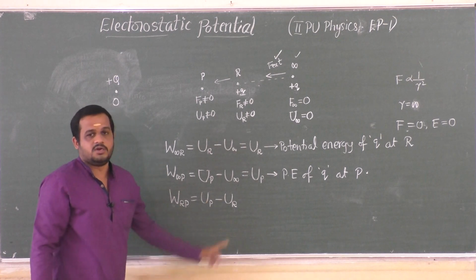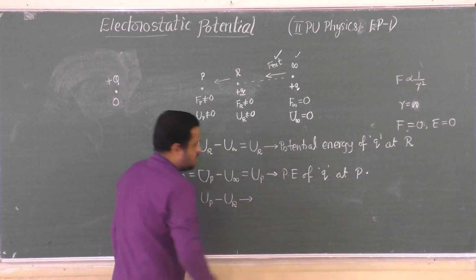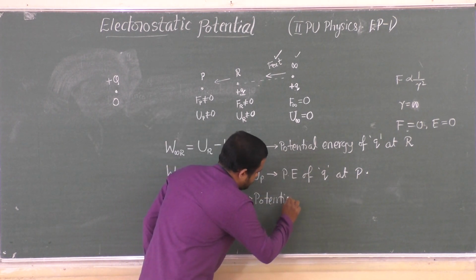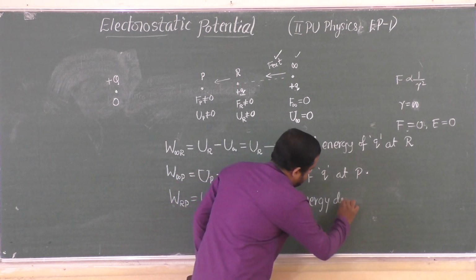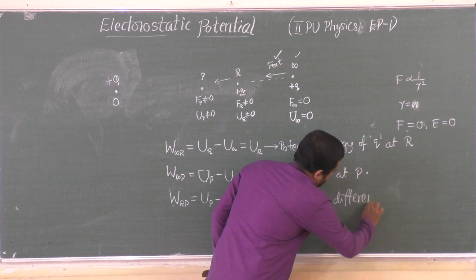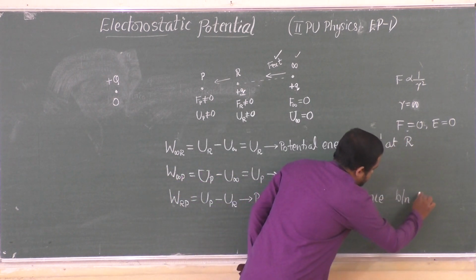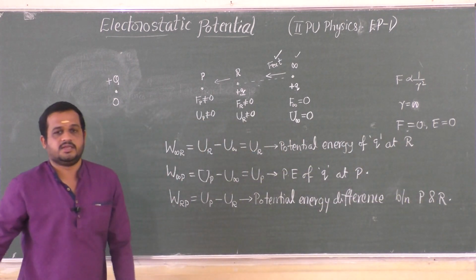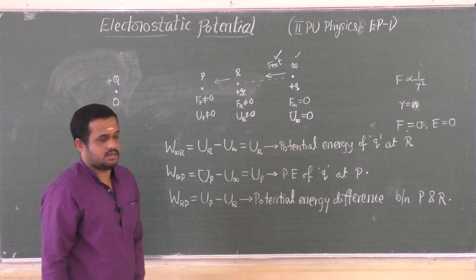UP is not equal to 0, UR is also not equal to 0. Now this term is called the potential energy difference between points P and R. I think it is clear.